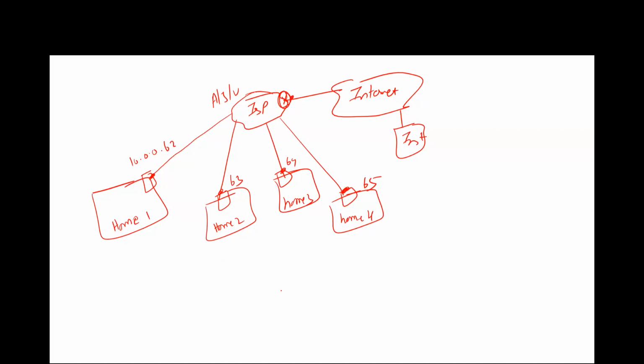Now, does the ISP use one public IP address for each home user, or will the ISP use one IP address for all home user connections? So will the ISP perform a static NAT for each home user connection, or will the ISP go with PAT, that is port address translation, for home user connections?